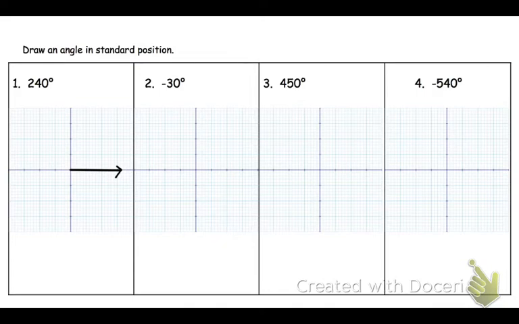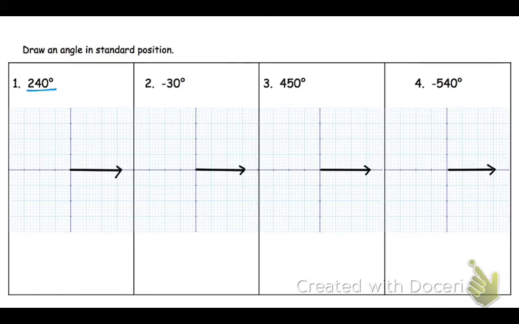For every single one of these angles, you can go ahead and draw the initial side on the positive x-axis. For number 1, I want to go 240 degrees.